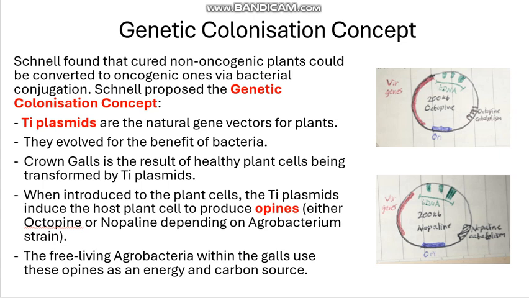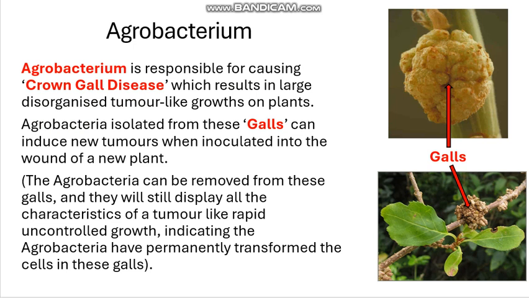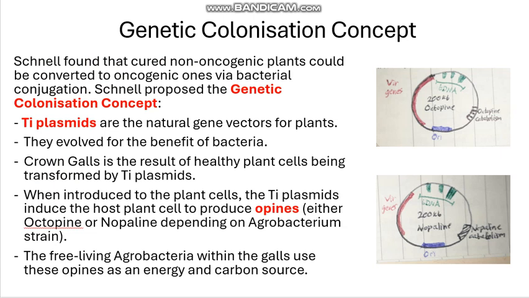So that's an explanation of agrobacterium and how they're causing these tumor-like growths in the plants that we call galls, how they're doing that, and a look at the Ti plasmids. I produced these two images on the right here.